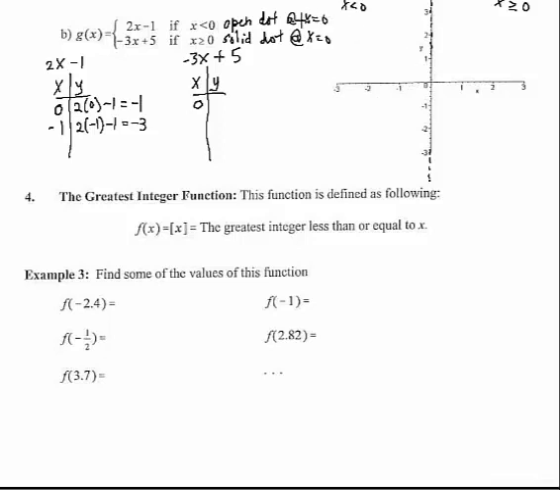Remember, I have an open dot at x equals 0 for this left piece. And then at -1, I want to go down to -3. So I'll track my way down here. -1 is well within the domain for this portion of the function. So here I'm just really plotting regular points.